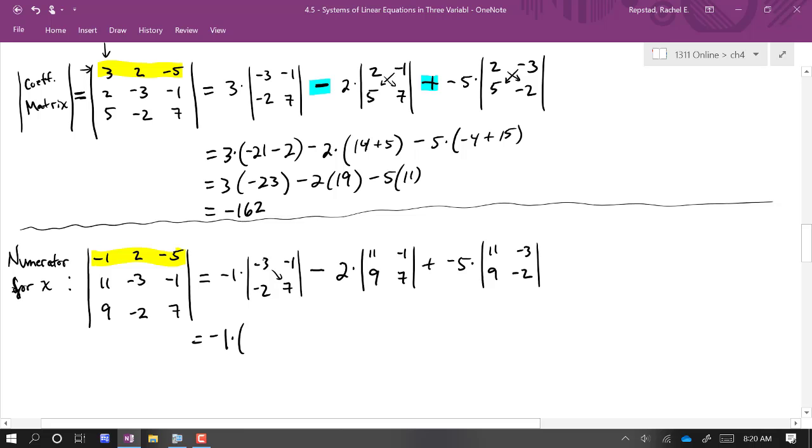Okay, so that's -21, minus 2 times 77, minus a -9, so +9, and then minus 5 times -22 minus a negative 27, so plus 27.